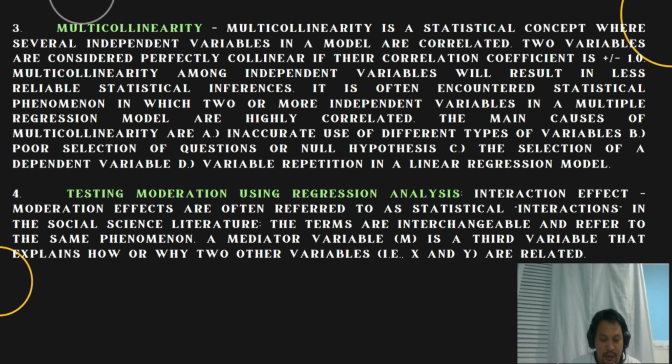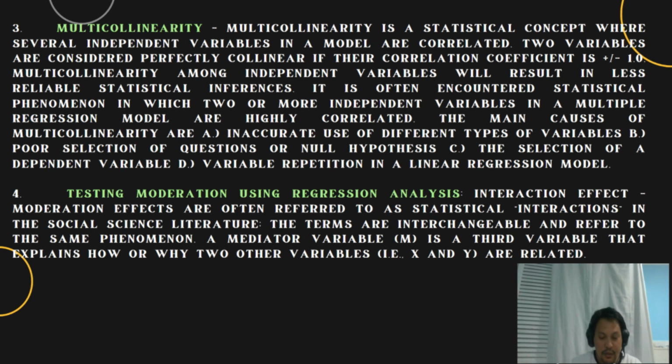Multicollinearity among independent variables will result in less reliable statistical inferences. It is an often encountered statistical phenomenon in which two or more independent variables in a multiple regression model are highly correlated.